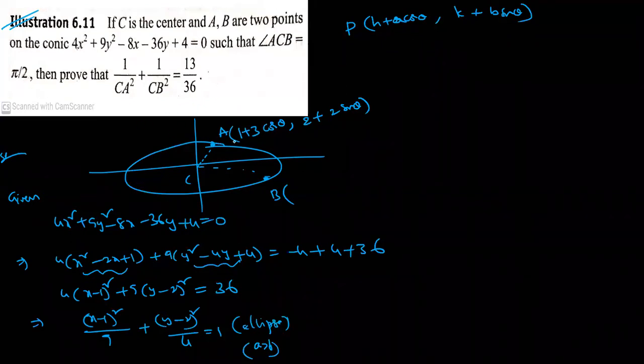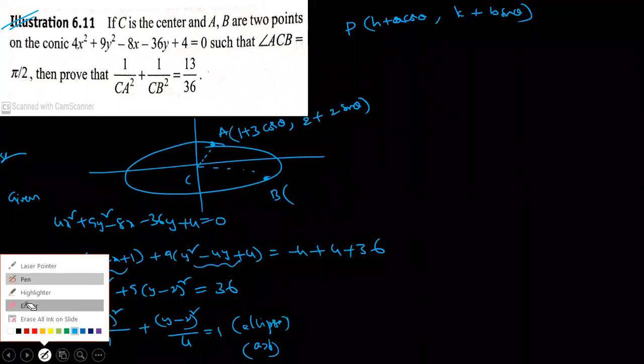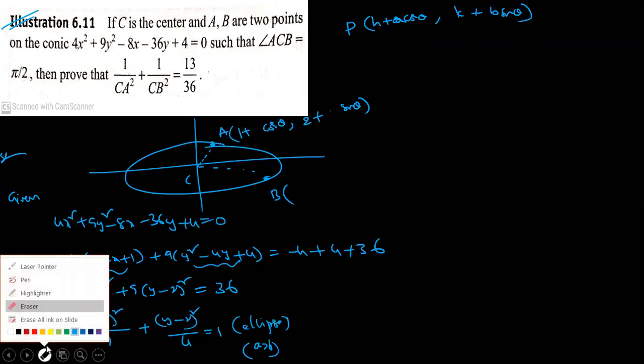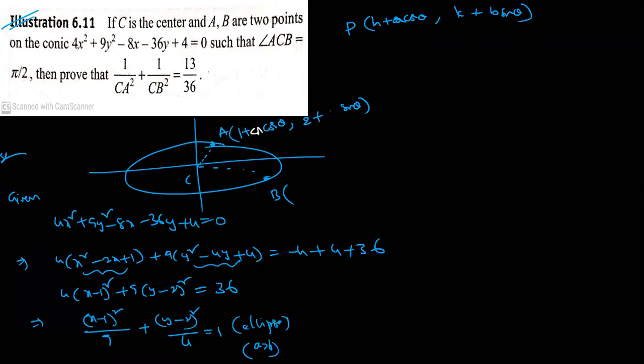So the given C, that means this is C. Dear students, in place of 3 you can write, how to write? I will tell you. See. So this is CA. What is the distance CB, anyone?